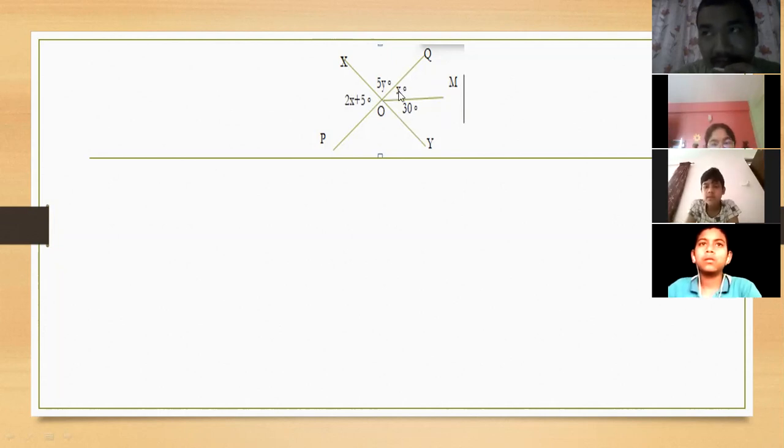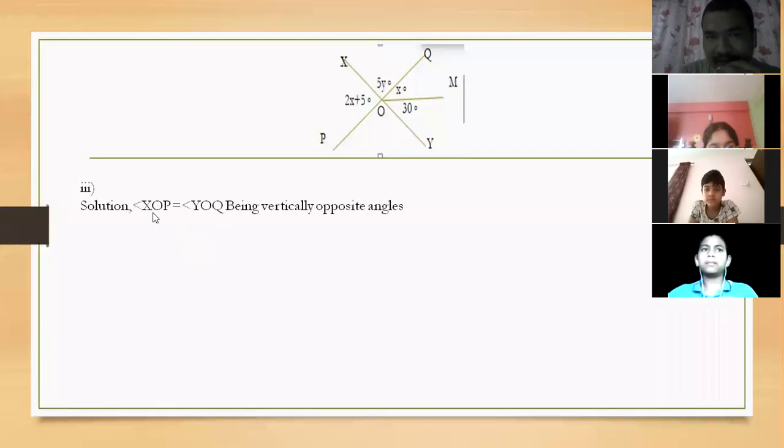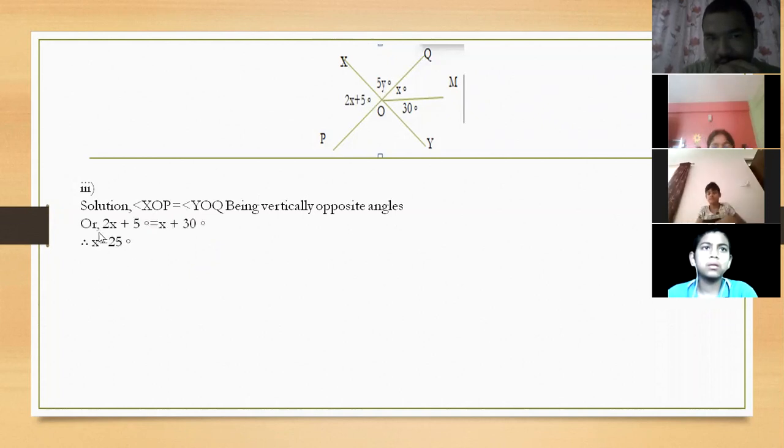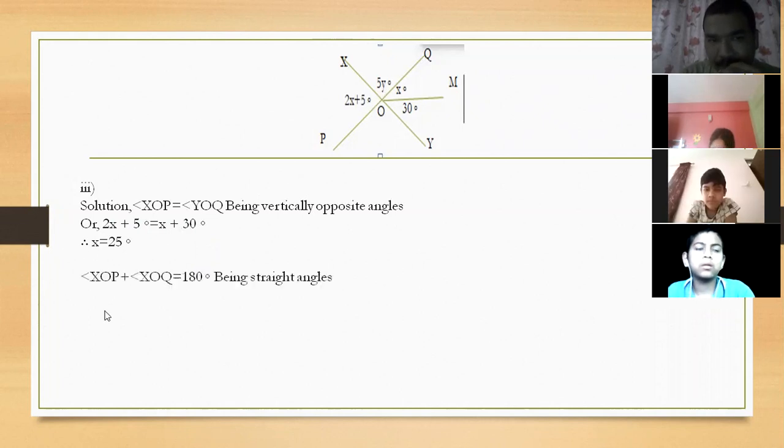After that, these two angles, XOP and YOQ, are equal, being vertically opposite angles. And solve it. 2x minus x, x only, 30 minus 5 is 25. We got the value of x.